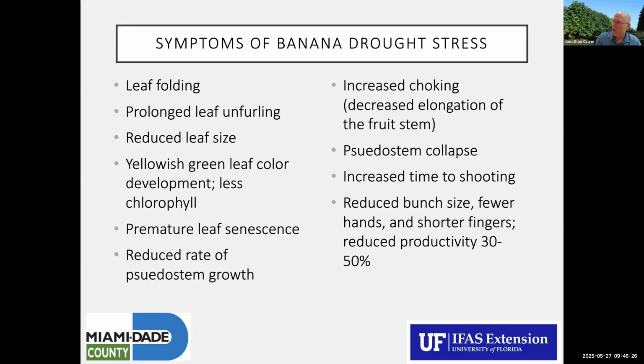Normally in a healthy banana stalk that's going to flower, it sends the inflorescence through the center of the plant, and then expresses flowering and fruiting. If the plants are drought stressed, it may push that fruiting stalk through the pseudostem, or it may not emerge from the end of the pseudostem. It also takes much longer for the tree to come into flowering and fruiting, and you end up with smaller fruit and smaller bunches.